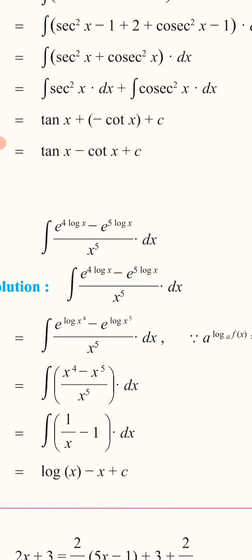Since log e is equal to 1, we get x raised to 4 minus x raised to 5 upon x raised to 5 dx.